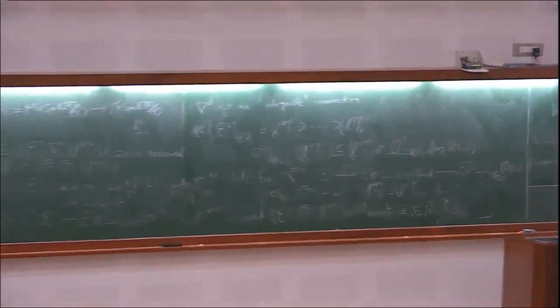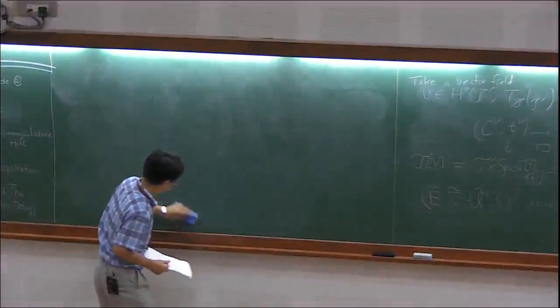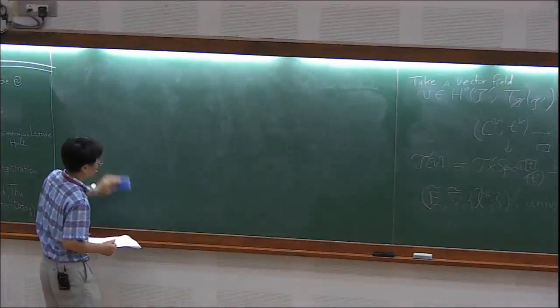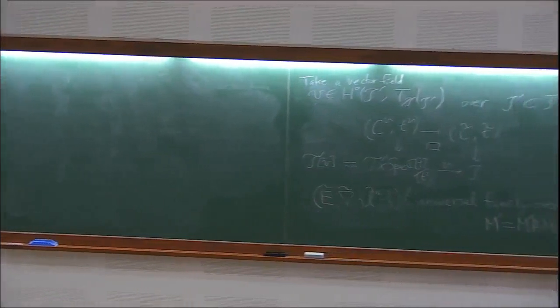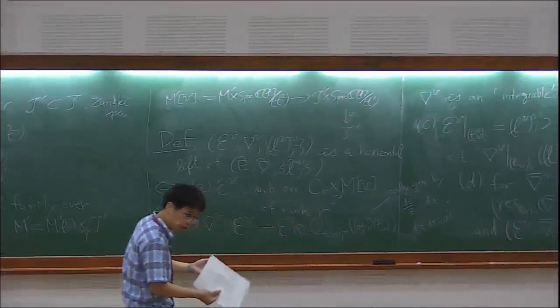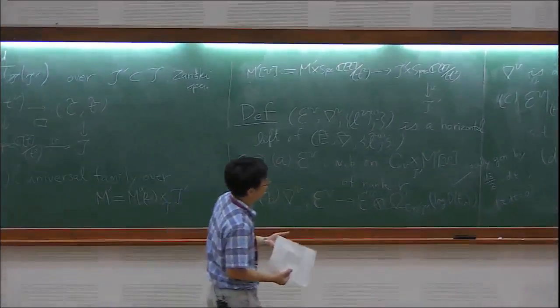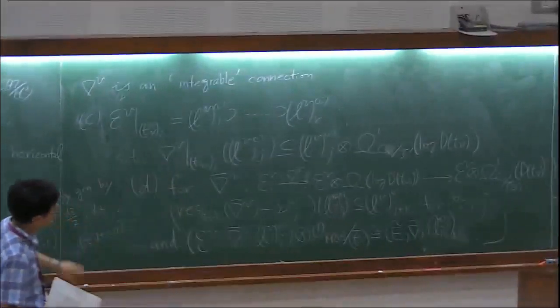Because isomonodromic deformation means that the corresponding monodromy data corresponding to the connection should be locally constant. So the connection should be extended to a flat connection.